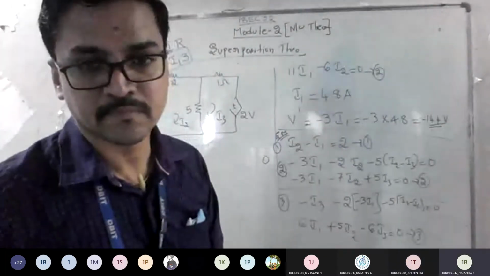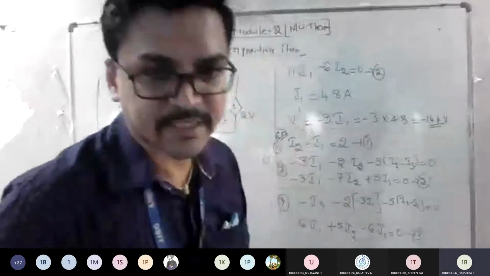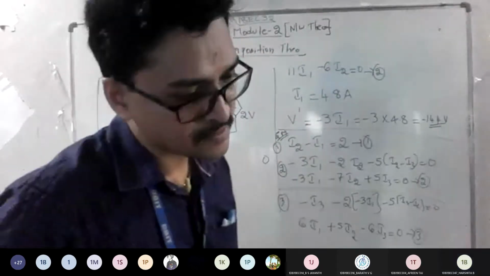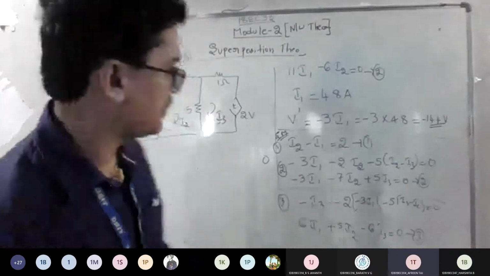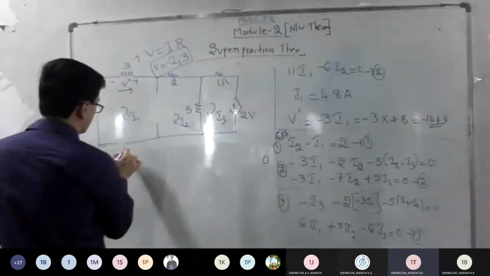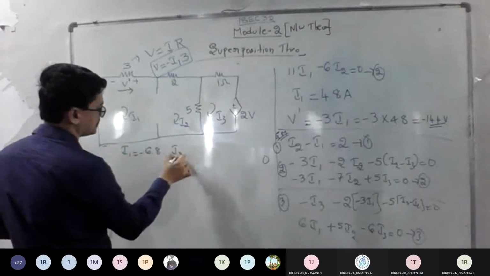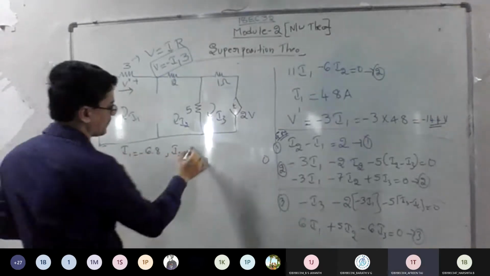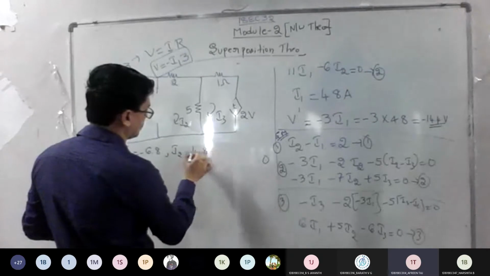Sir, minus 1.3. Minus 1.3? Sir, minus 6.8 for I1. 6.8, correct. So I1 is minus 6.8, then I2 is minus 4.8.